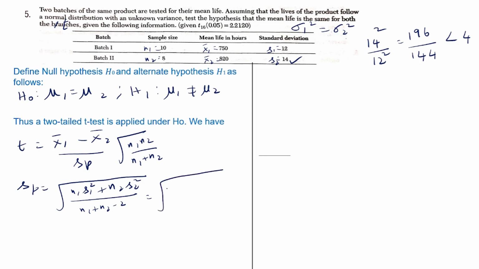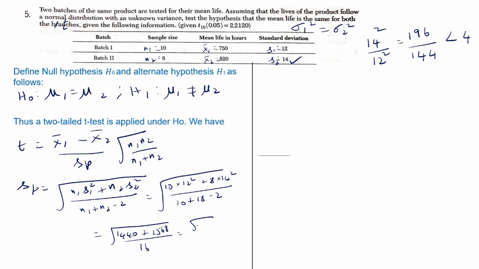So this is root of 10 into 12 square plus 8 into 14 square upon 10 plus 8 minus 2. So this is root of 12 square 144 into 10 is 1440 plus 196 into 8 is 1568 upon 16.